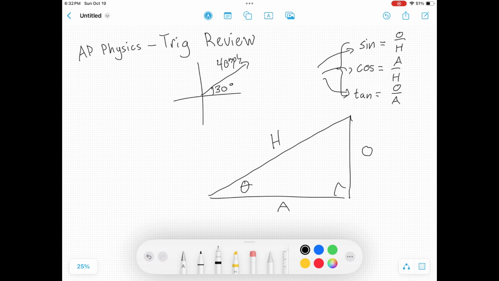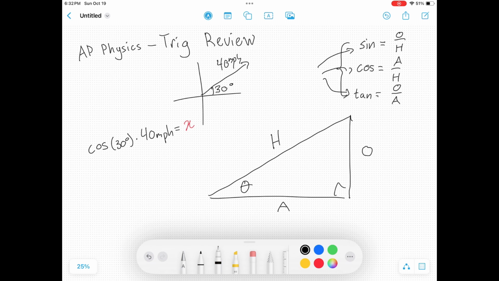So in this case, cosine of 30 degrees times 40 miles per hour is equal to this component of our vector. Because if you imagine drawing a triangle, we're solving for this leg of the triangle. So that component, which in this case is the x component. So this is equal to the x component of our vector.